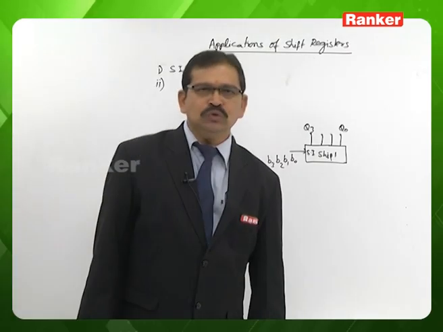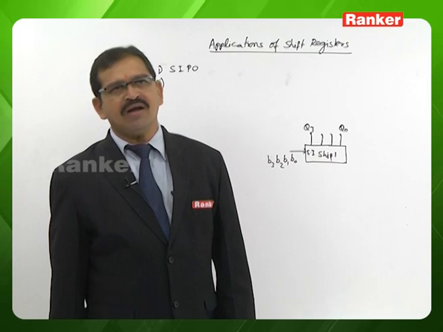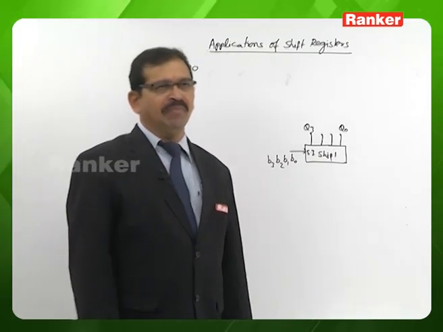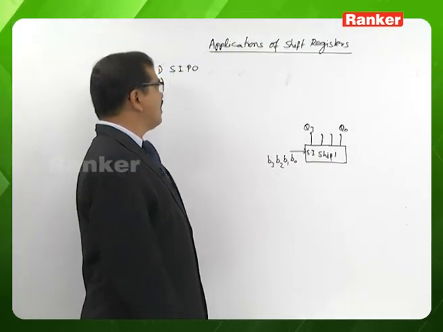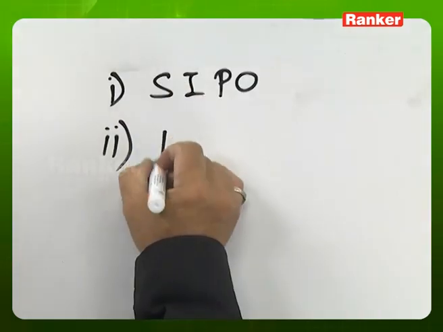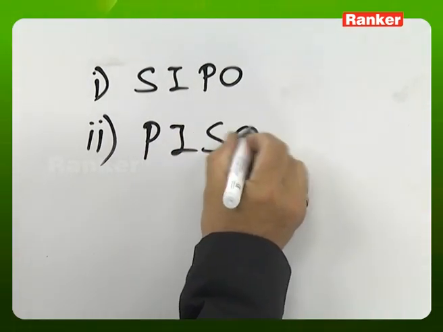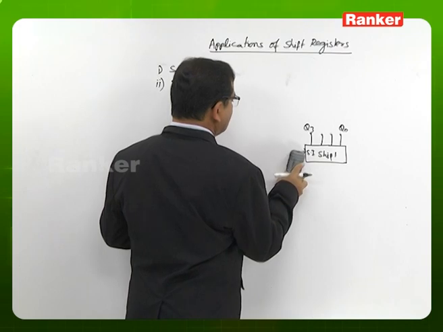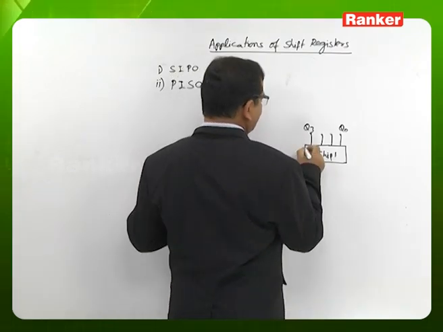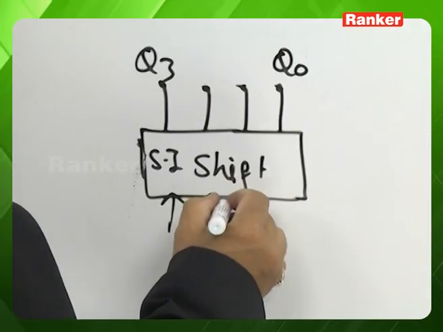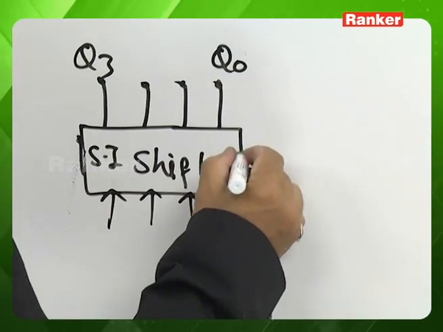It is possible to use the register to convert parallel data to serial form. And this conversion, parallel data to serial form, we are able to look at with the parallel input, serial output operation. Consider the register having the parallel input operation facility.